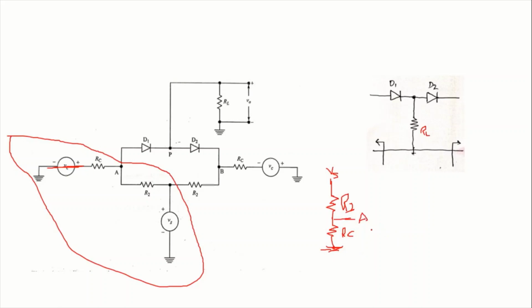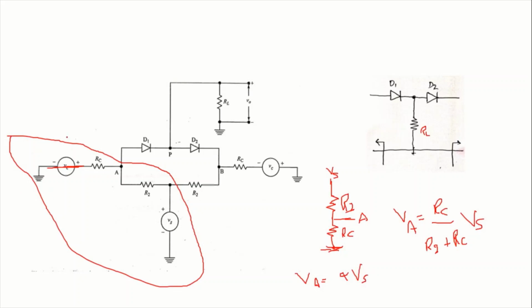VA equals RC by R2 plus RC into Vs. This is the Thevenin voltage considering the Vs signal. Replacing the ratio RC by R2 plus RC with alpha, VA equals alpha Vs.